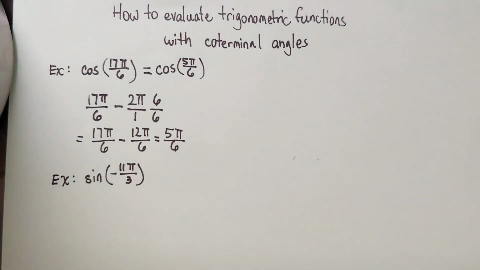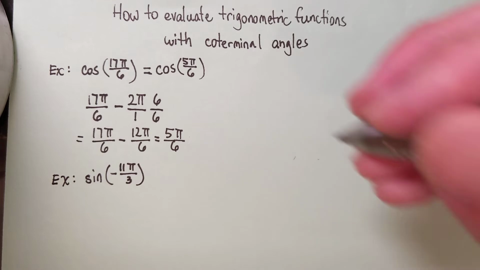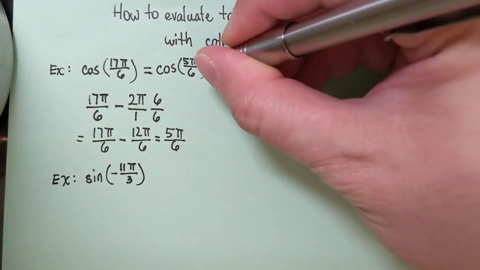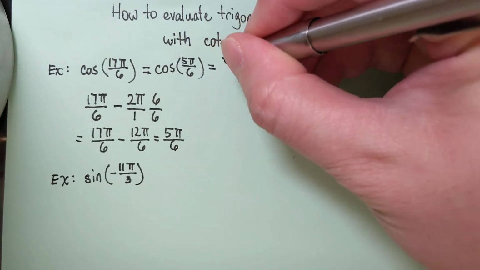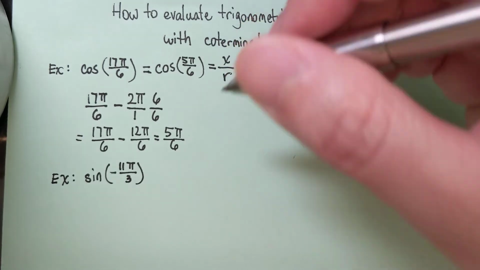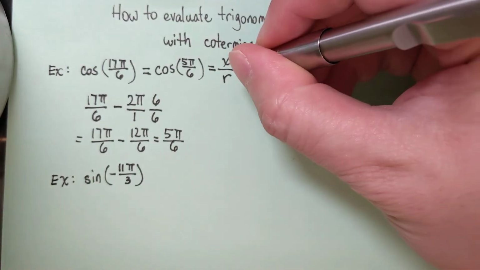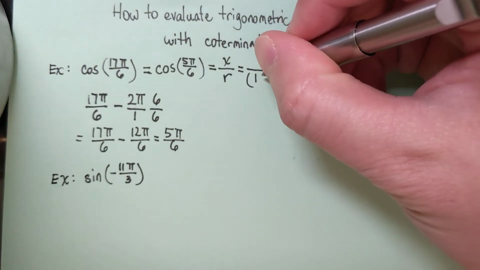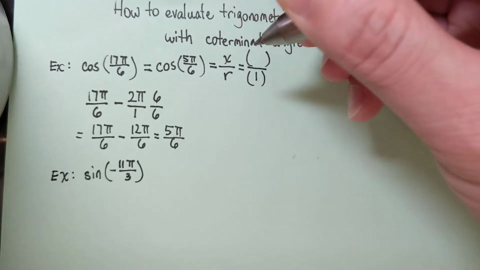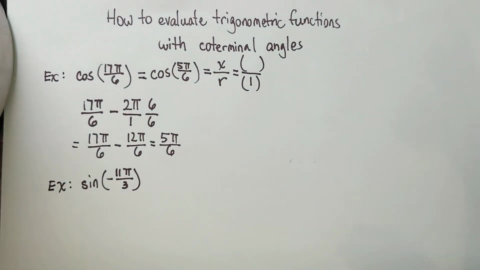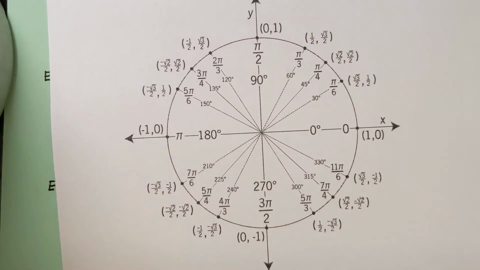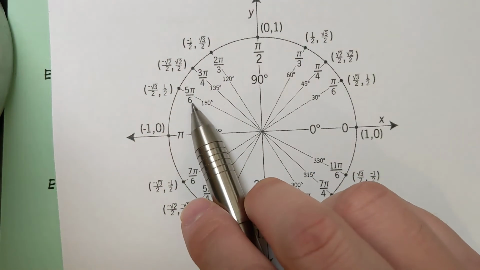Now we can go about solving this just like our previous lesson. We know that the ratio for cosine is x over r. We already know that the radius is always 1. So we just need to focus on figuring out the x coordinate. 5 pi over 6 is right here.